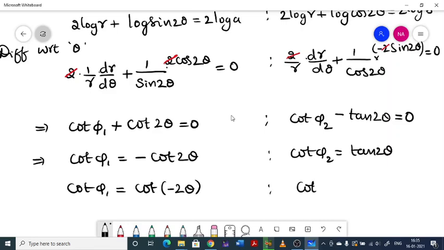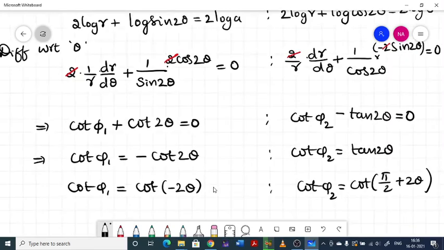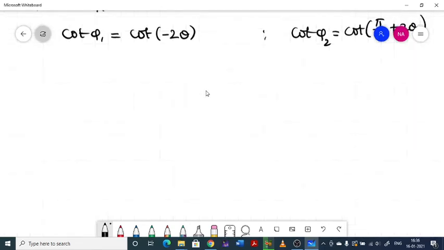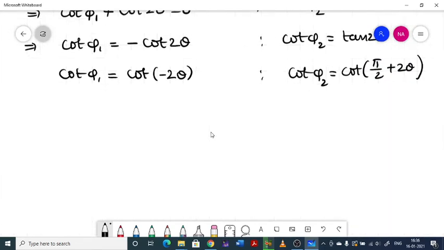So cot phi 2 equal to tan 2 theta equal to cot of pi by 2 plus 2 theta. Now from this we got phi 1 equal to minus 2 theta and phi 2 equal to pi by 2 plus 2 theta.